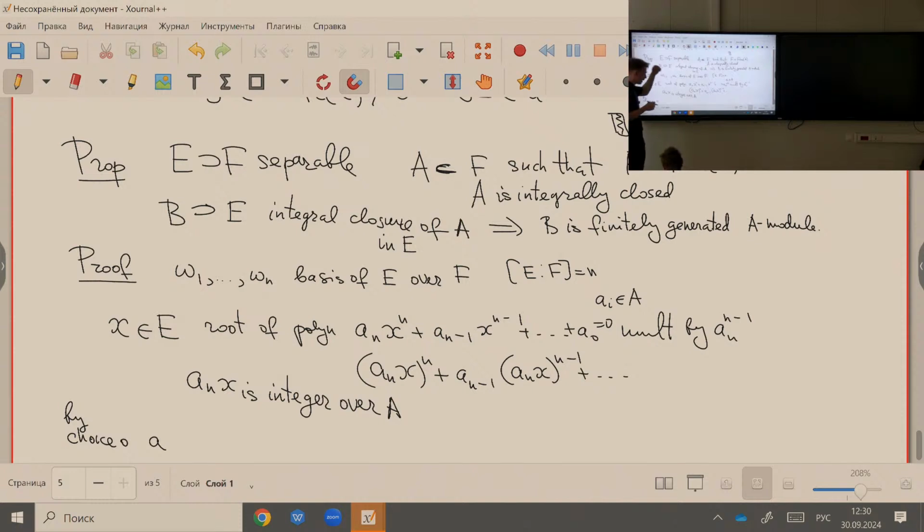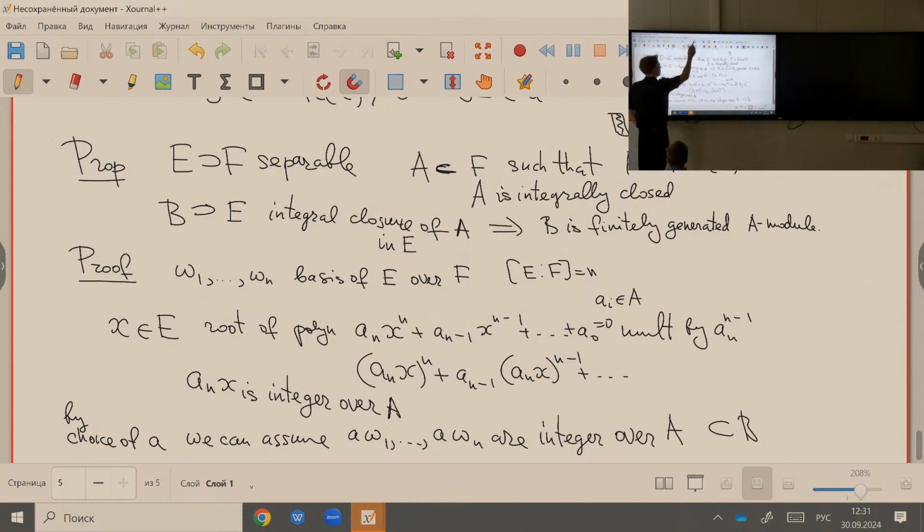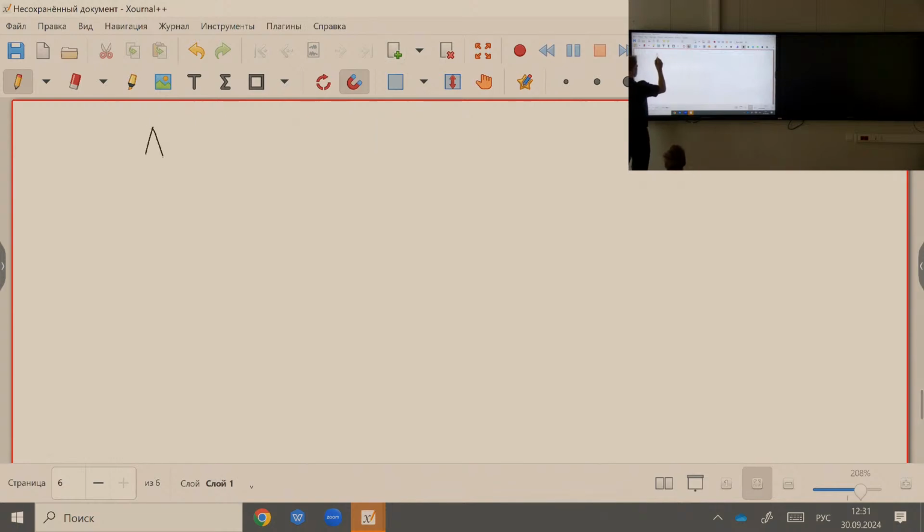Just clear up the denominators, and by the choice of a, we can assume that a omega_1, etc., a omega_n are integer over A, so that they belong to B. That means, just by assumption, that the module generated by a omega_i sits inside B. So we have bounded it from one side.